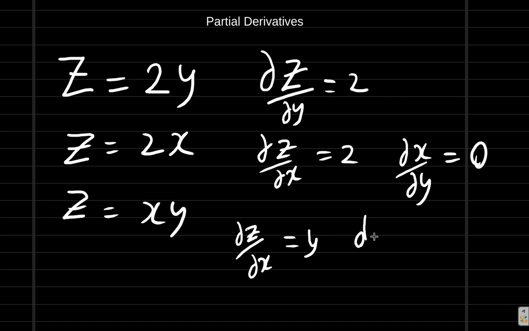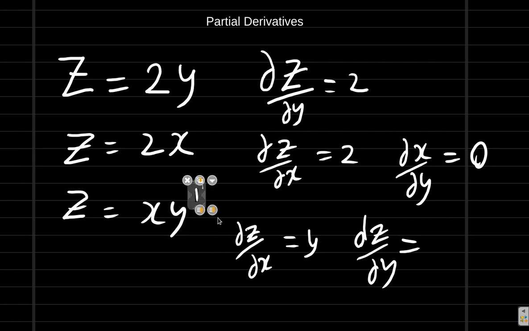Now what do you think the partial of z with respect to y would be? Well, using the same argument, you would consider in the power rule the power of y. It would be 1. And you multiply by 1.